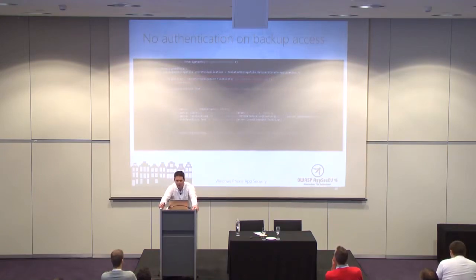If a user wants to back up the contacts, the user just has to point the browser to the web server and download the zip file. The problem is that there is no authentication for access to the file that contains our contacts. So if the attacker can connect to the web server while it is running, the attacker can download the zip file without providing any account credential.